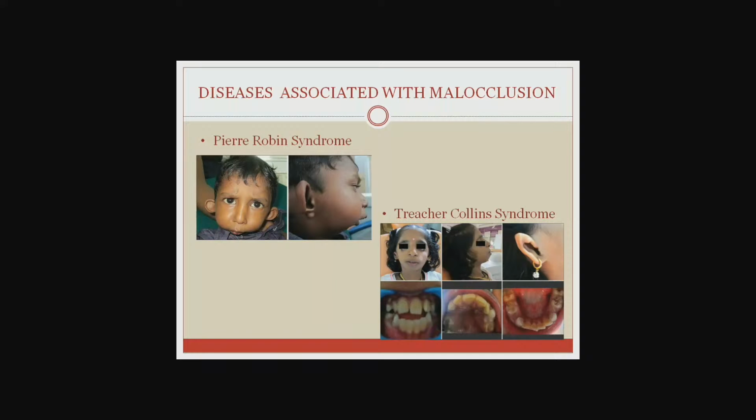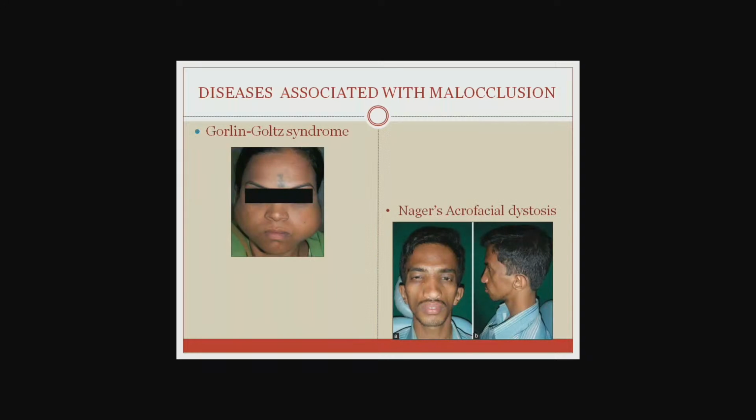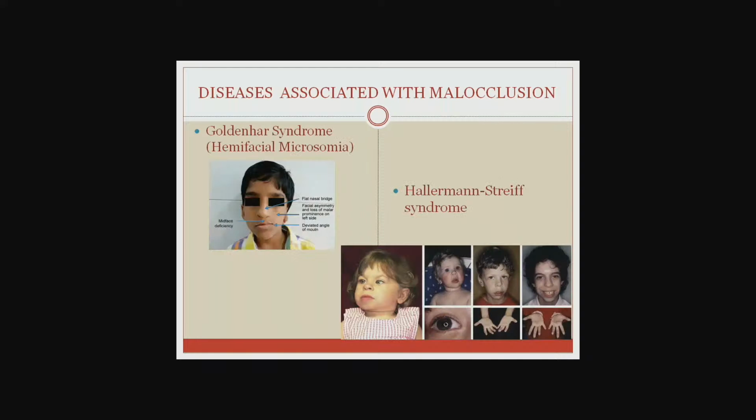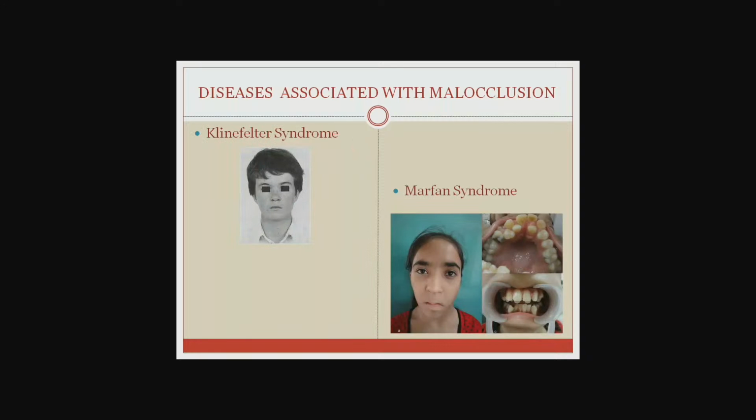The syndrome may be Pierre Robin syndrome, Treacher Collins syndrome, Goldenhar syndrome, or acrofacial dysostosis. These syndromes are associated with deformities in the jaws and teeth. Others are hemifacial microsomia, Hallermann-Streiff syndrome, and so on. All of you should know about these syndromes.